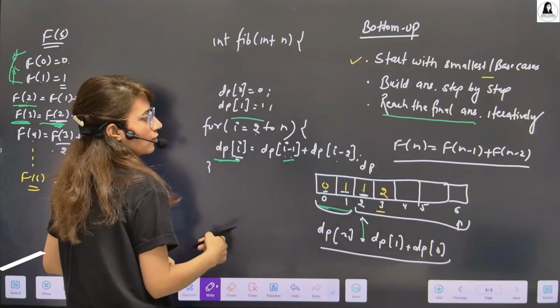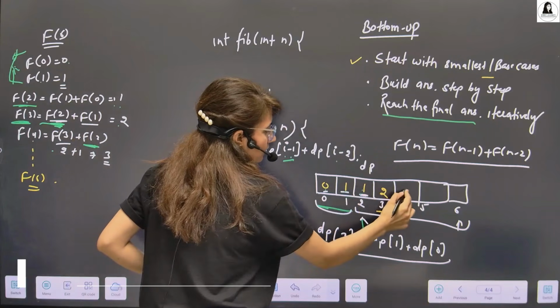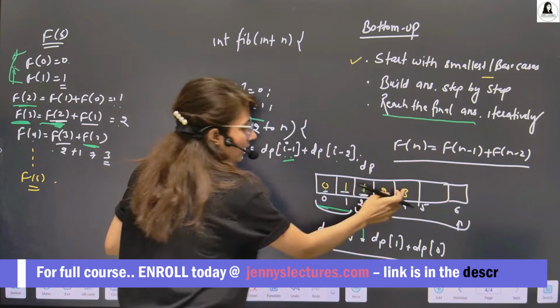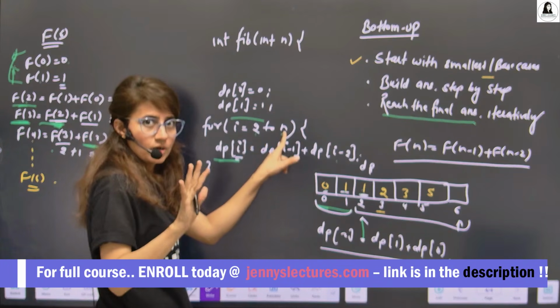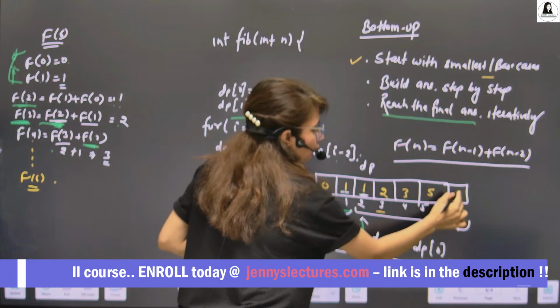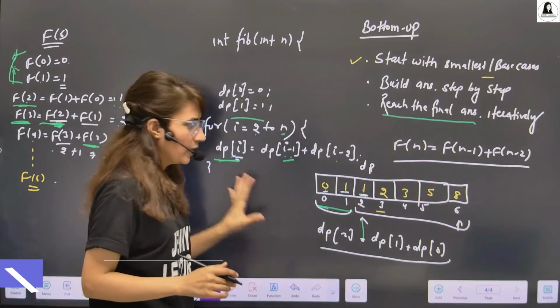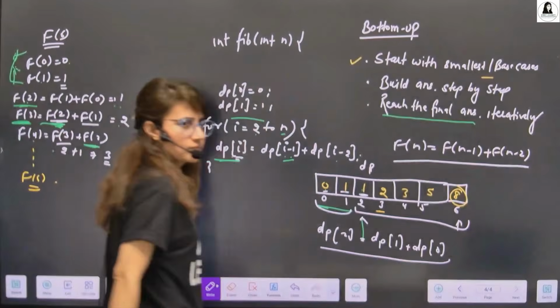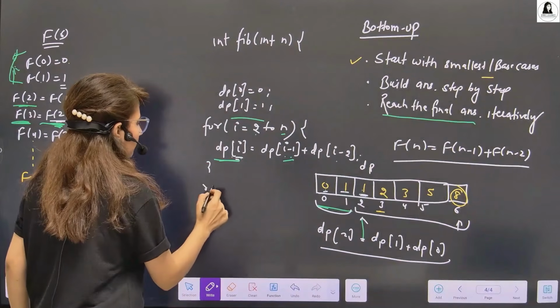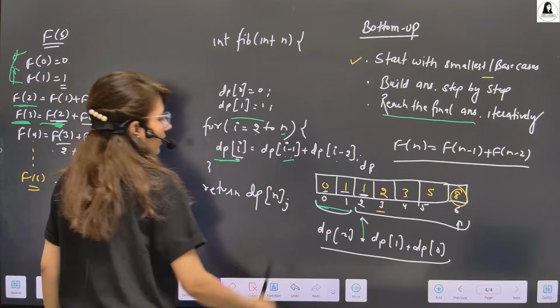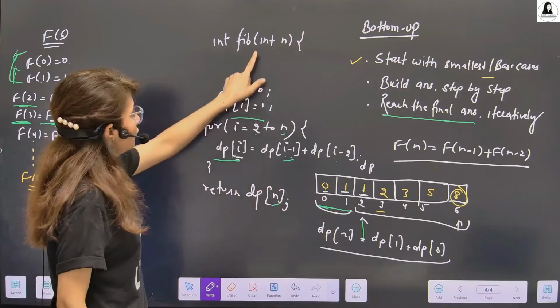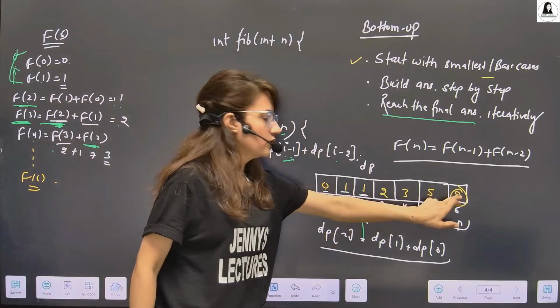When i becomes 4, then we add this and this, it becomes 3. When i becomes 5, we add this and this, that is 5. When i becomes 6, it will run till n. We will add these two. When i becomes 7, stop. So at last, you simply return this. It is the answer. So we simply return after this loop whatever dp of n. N was 6, so whatever at 6, just return that.